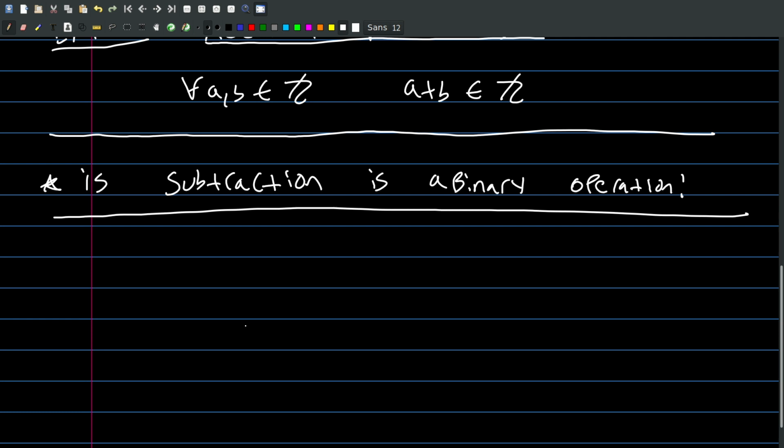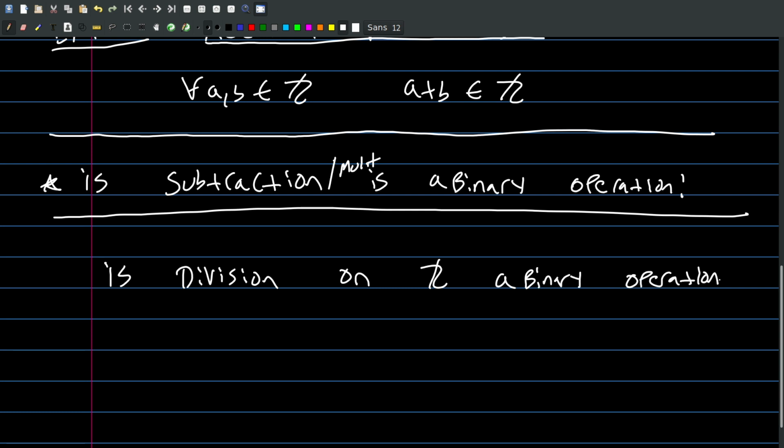And the exception would be division. So, is division on the integers a binary operation? Well, is there any instance that it's undefined?